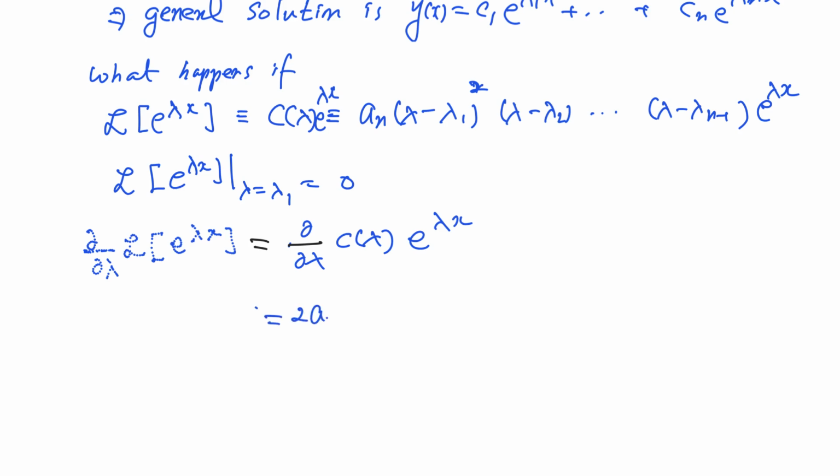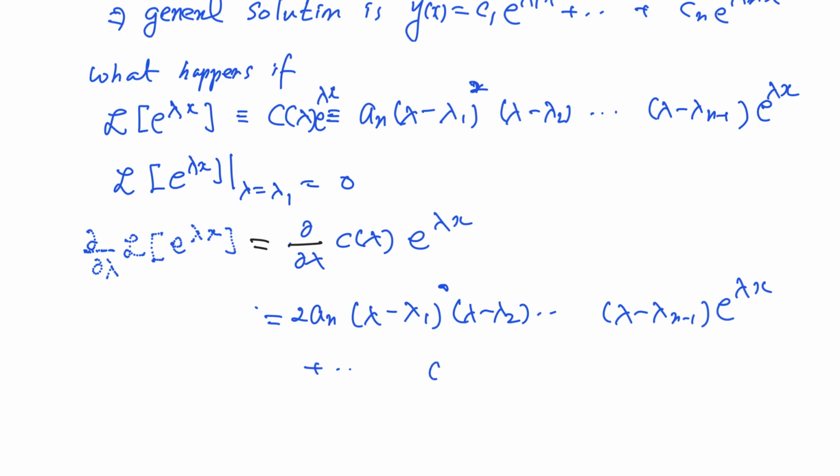Twice a_n (lambda minus lambda 1) times the other factors, exponential lambda x, plus the term a_n (lambda minus lambda 1) squared (lambda minus lambda n minus 2) exponential lambda x.